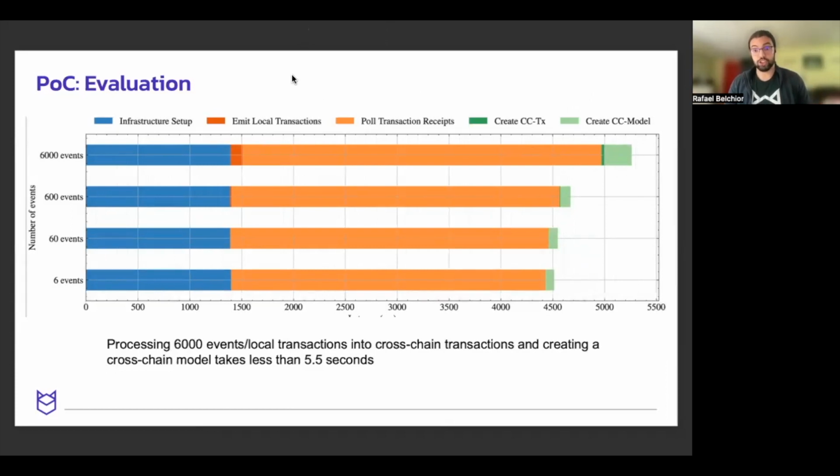Creating the cross-chain model and evaluating it is quite quick because it's an off-chain process. On the other hand, launching the infrastructure and issuing the transactions is more costly. So the bottlenecks are the on-chain phases, basically.